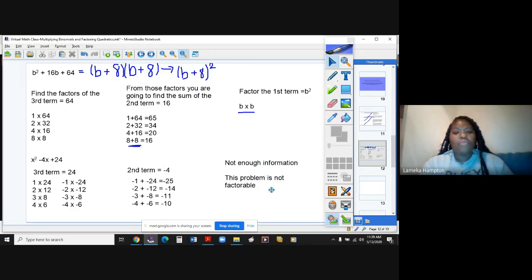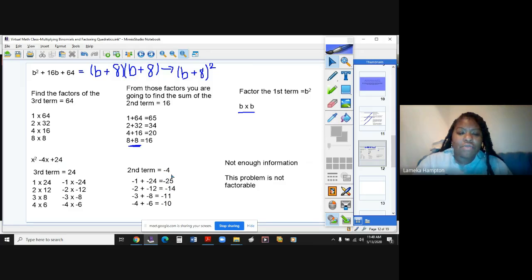So you may come across some problems on your math GED exam that will be just like this. You have to make sure, number one, that you know your integers and that you know how to add, subtract, multiply, and divide them. And you also have to make sure that you recognize how your terms work. Because remember, we followed all the rules, but yet we don't have a -4 over here.